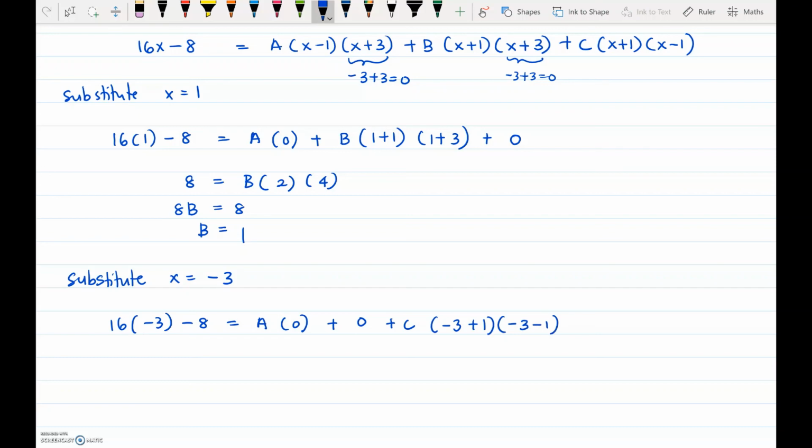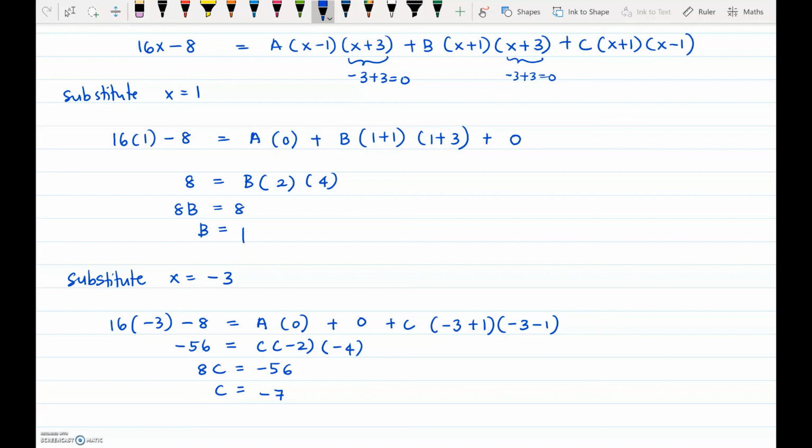Be careful with the brackets. Now you can simplify, and your c is -7. Alright, continue with the next one.